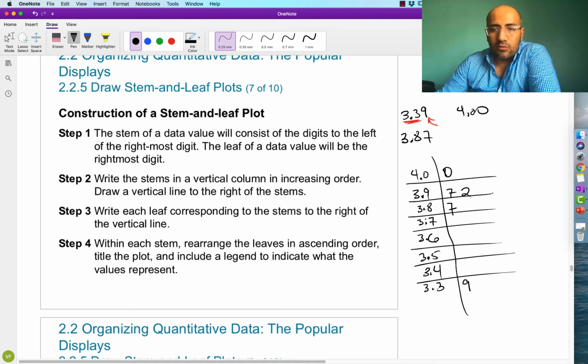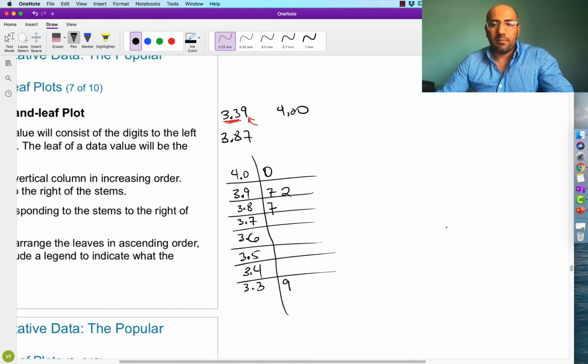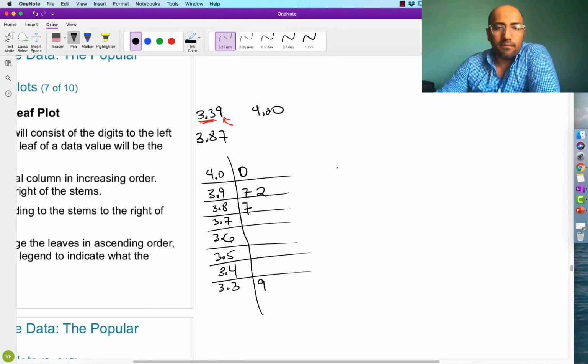Okay, so this decimal is a little awkward, so maybe people might just ignore it and just write the 4, 0, 39, 38, 37, and just kind of expect you to understand what that means.